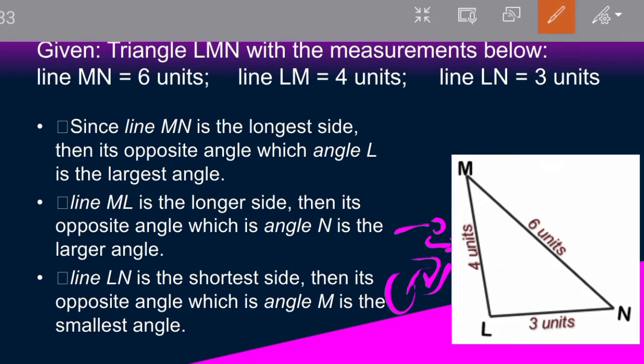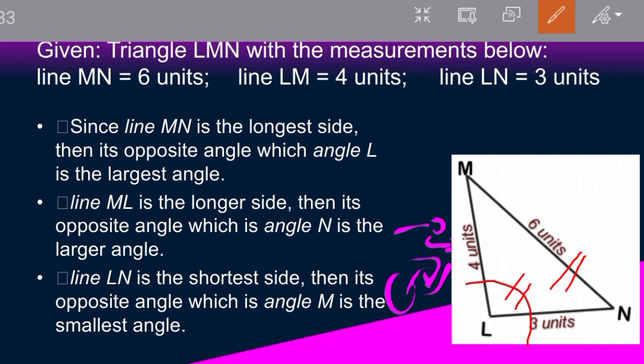Since line MN is the longest side, then its opposite angle, which is angle L, is the largest angle.